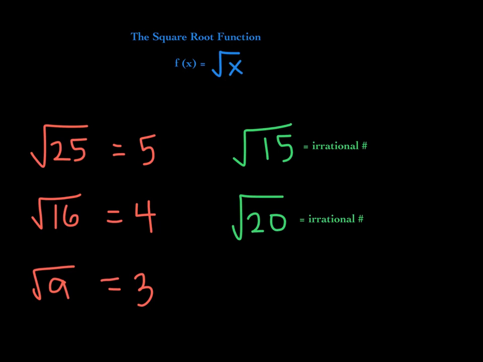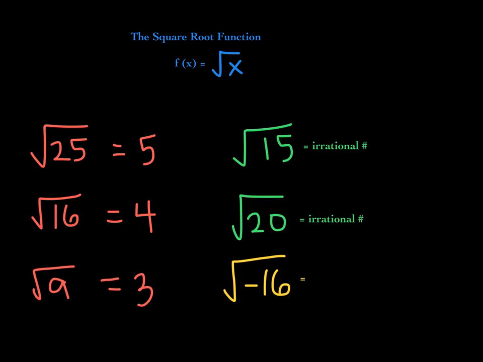Another thing I want to stay away from are negative numbers, because imagine this. What real number squared gives you negative 16? You should say nothing, because no matter what real number you square, you should get a positive number. So there is no real number such that when you square it, you get negative 16, because whenever you square something, it becomes positive.